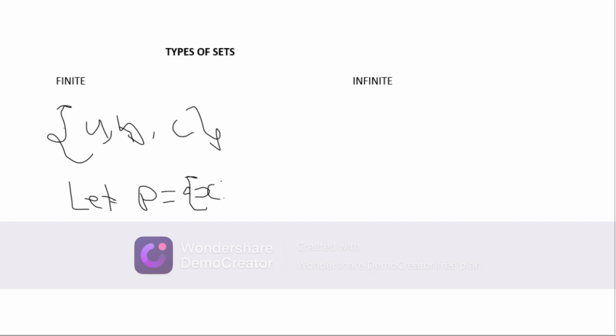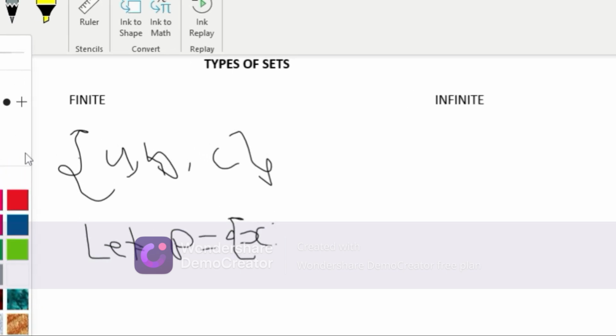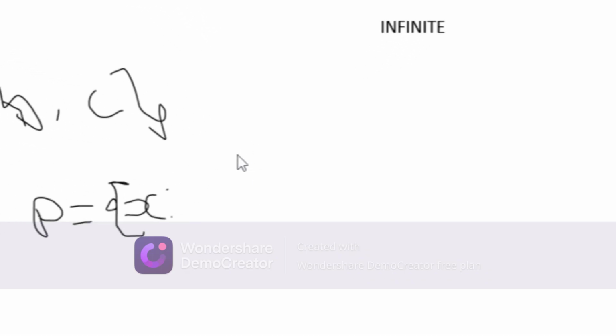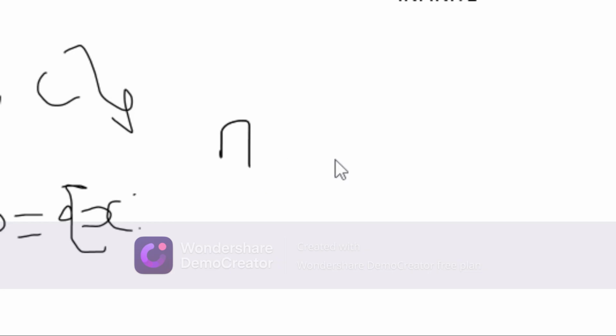What do we mean by that? If we call this set A, the cardinal number of a finite set, we are going to represent it just like this, n of A. I'm sure you have seen this before.